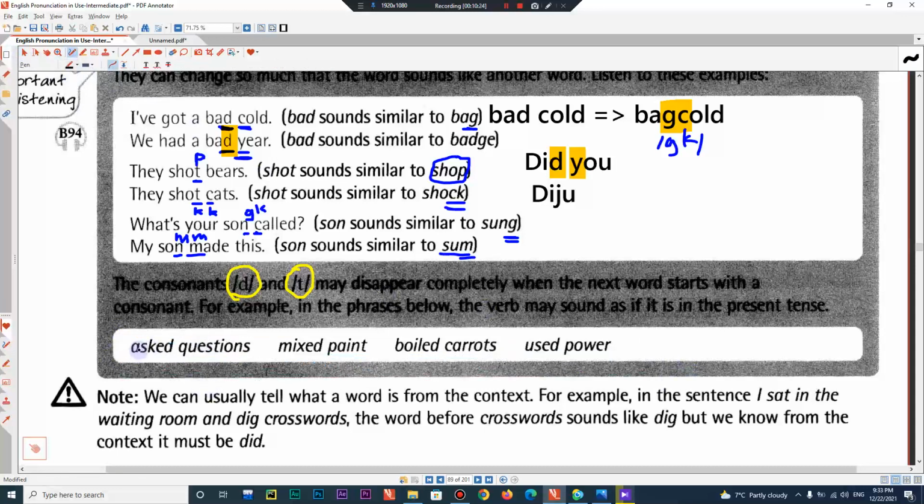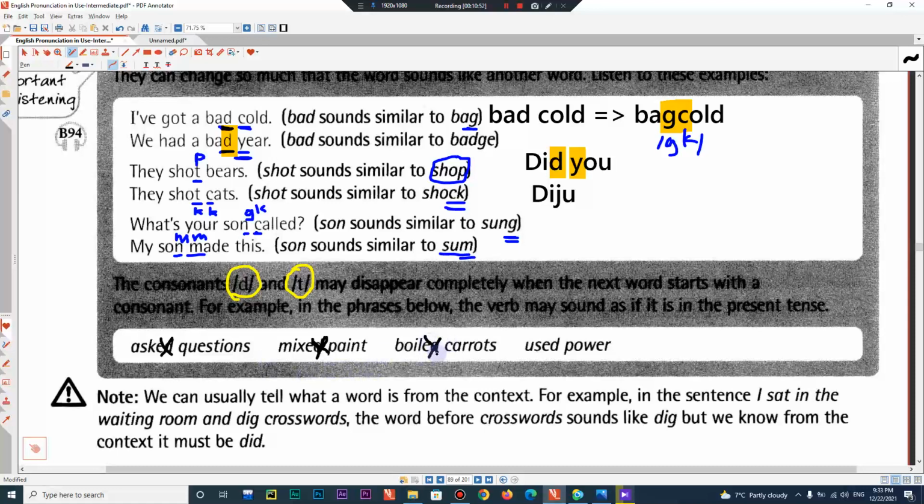So you don't say I asked questions. It's hard. So you just say I ask questions. So you can actually remove this, not in writing, but in pronunciation. You can say I ask questions. Or I mix paint. You could say I mixed paint, but it's hard. So you might want to say I mixed paint yesterday, or boiled carrots.